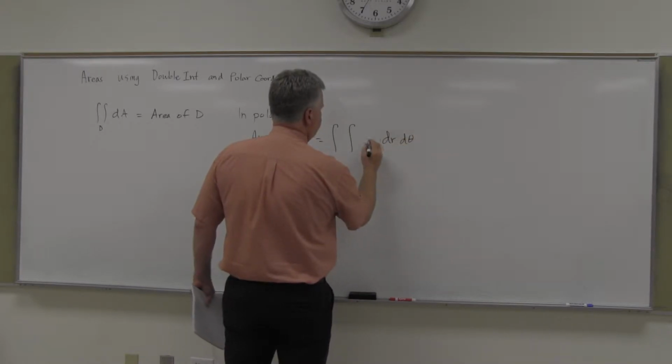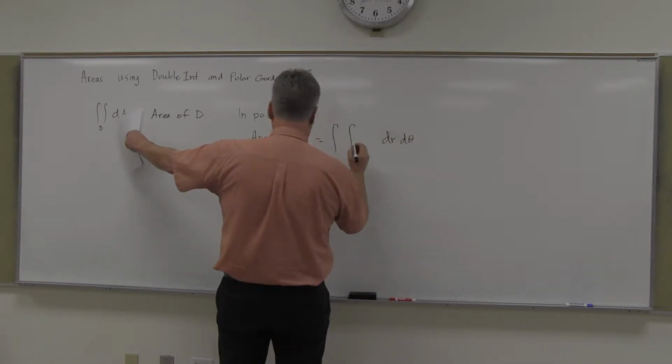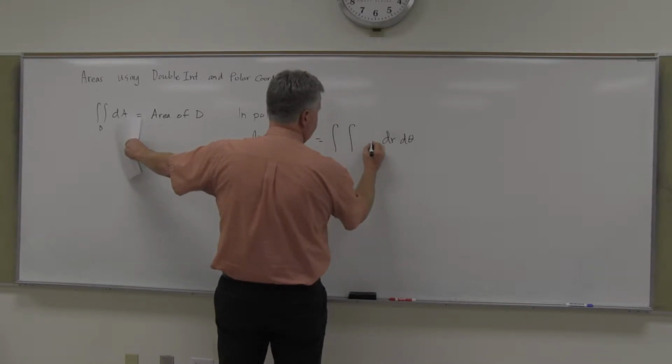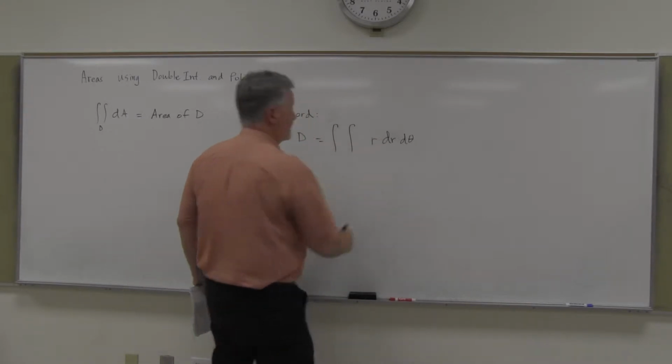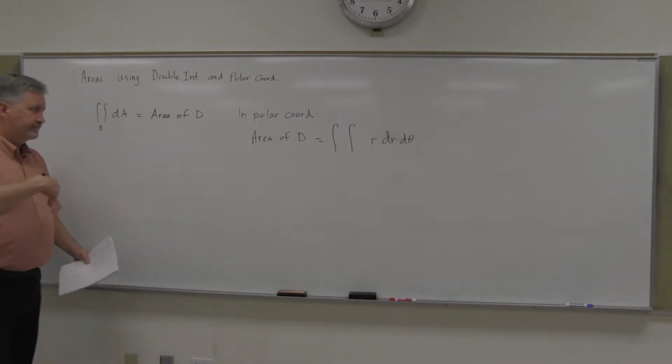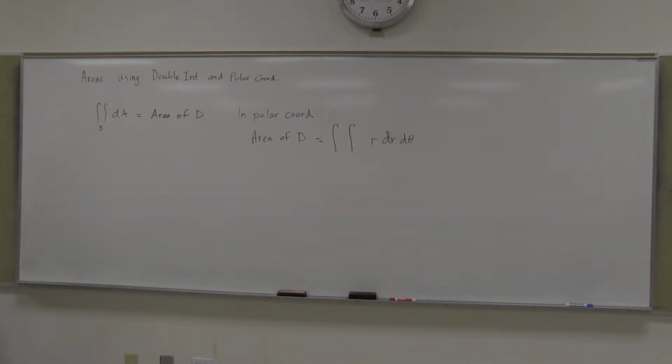But there was one extra thing we have to add in when we convert over to polar from Cartesian: that r dr. So it's the double integral of r dr d theta instead of just dA.